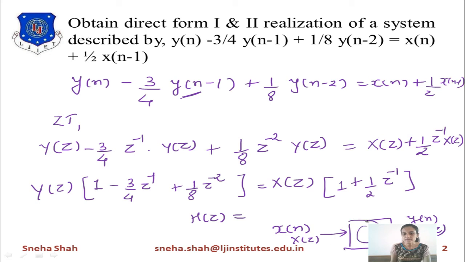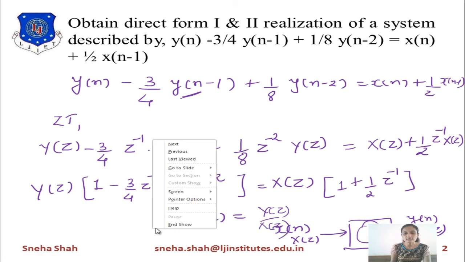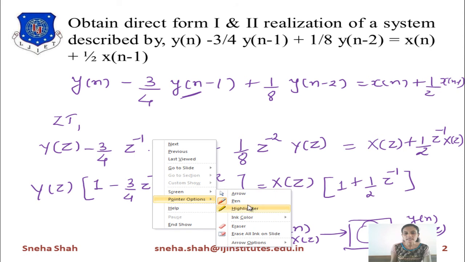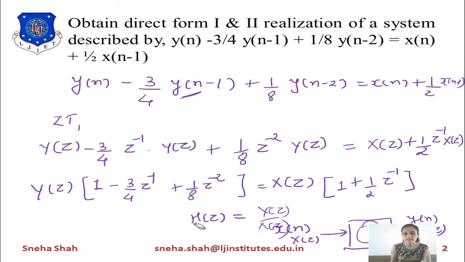So if we find the transfer function of this, we consider it as H. So H will be considered as output upon input. So H of z equals Y of z upon X of z. So basically we have to find out the value of Y of z upon X of z. Y of z upon X of z will give you the term H of z.